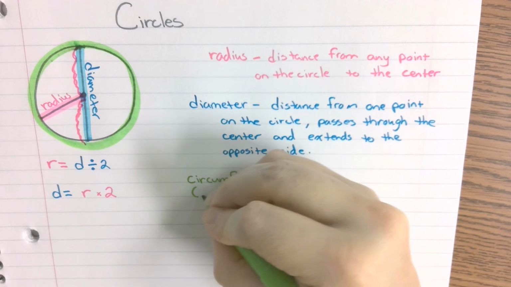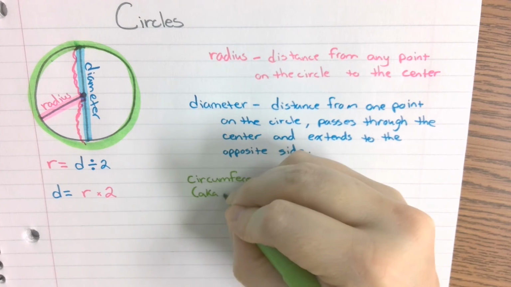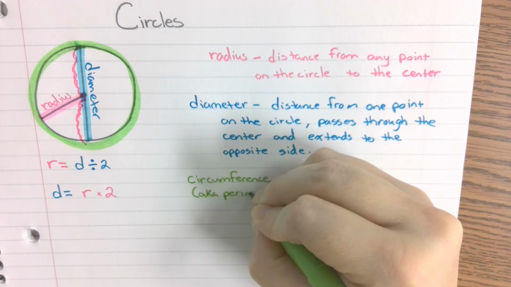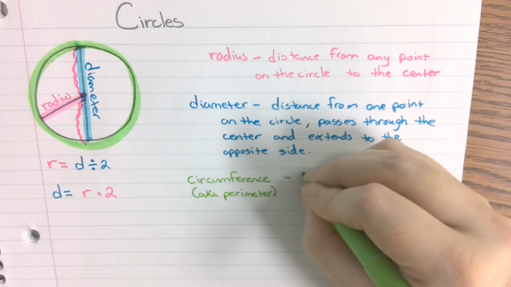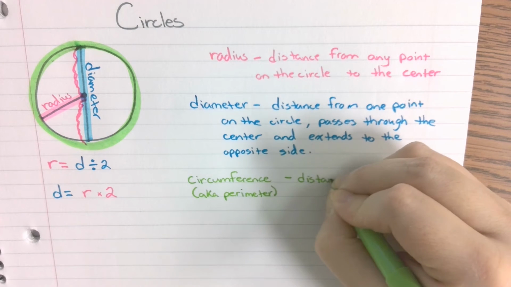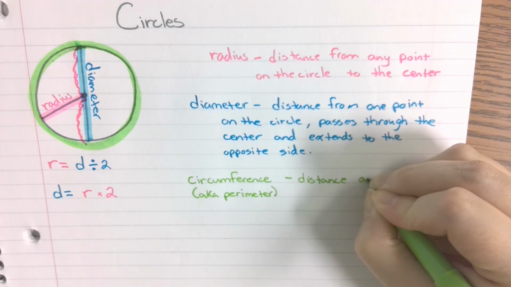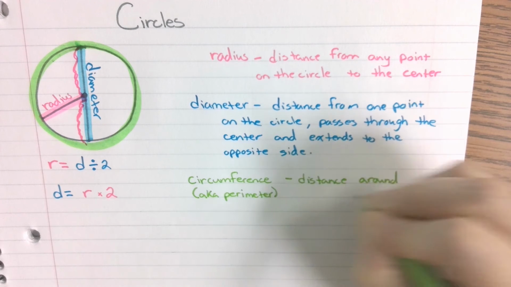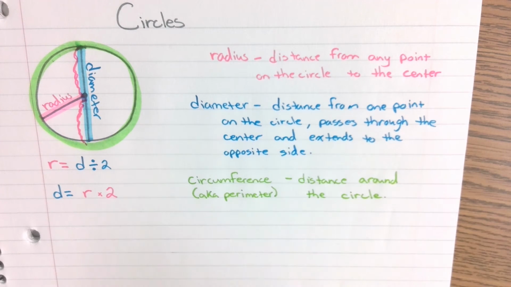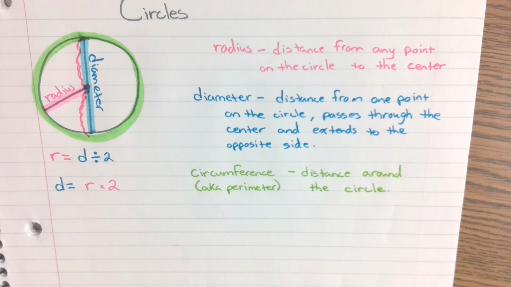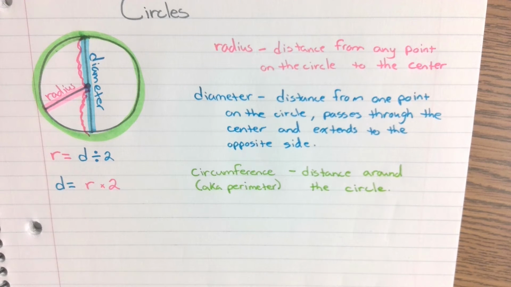So I'll put in parentheses, aka perimeter. And that's just the distance around the circle. The distance around the circle is called the circumference.